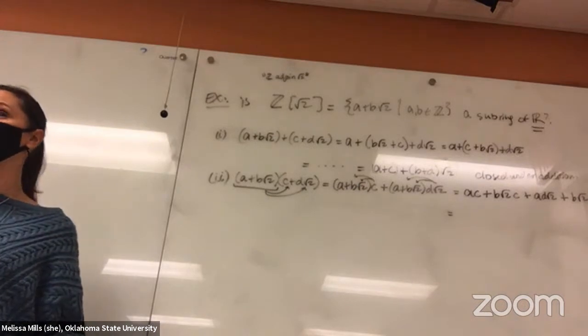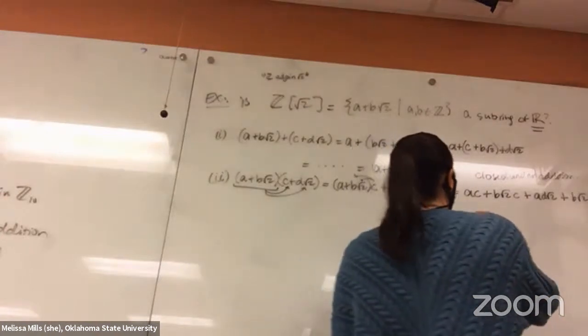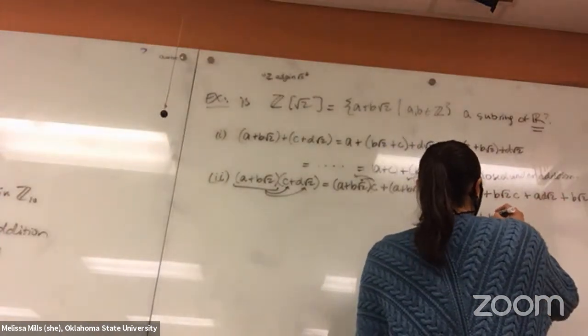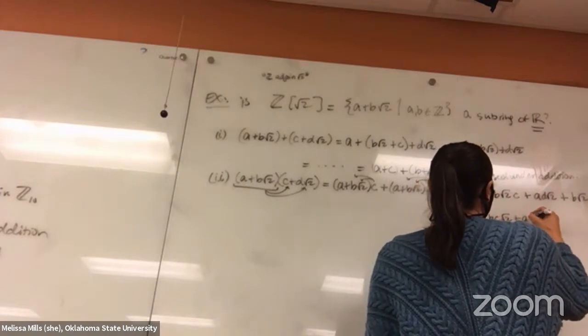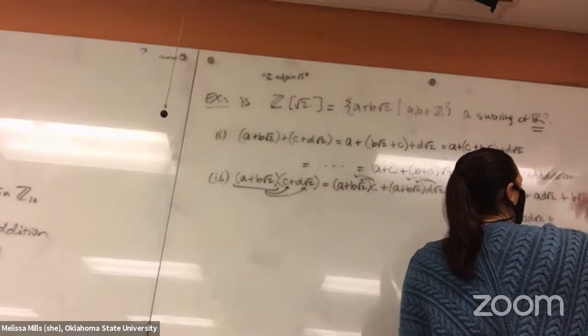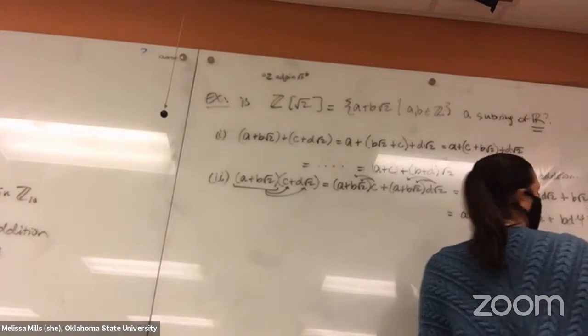So I can use that commutativity of multiplication a bunch of times, and I get AC plus BC square root of 2 plus AD square root of 2 plus, and I move those square root of 2's together and multiply them, I get BD times 2, right?